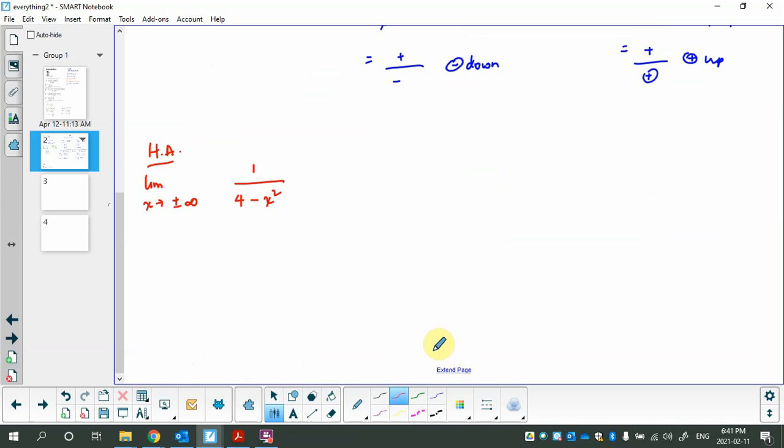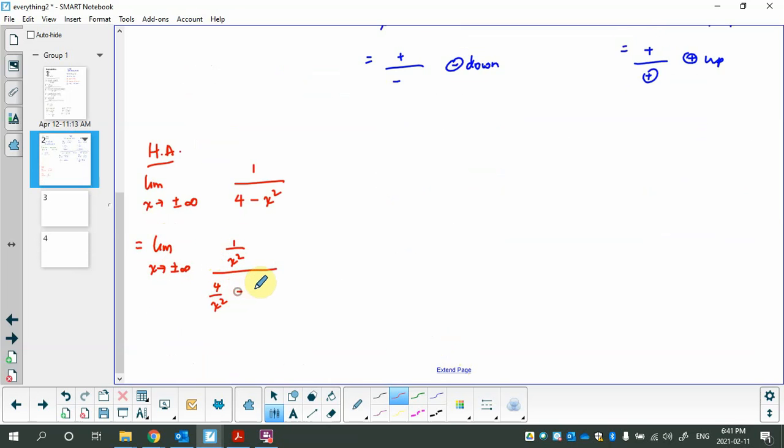So if I mentally divide everything by x squared, I will have 1 over x squared, 4 over x squared, and x squared over x squared, which is 1. These two make 0, and I end up with 0 over -1, so I end up with 0.